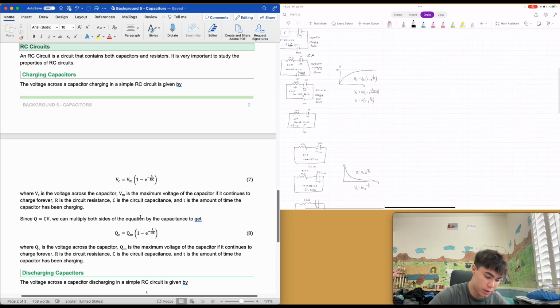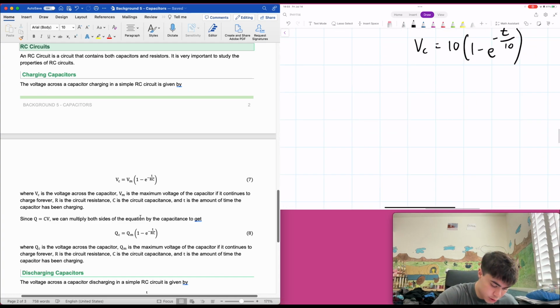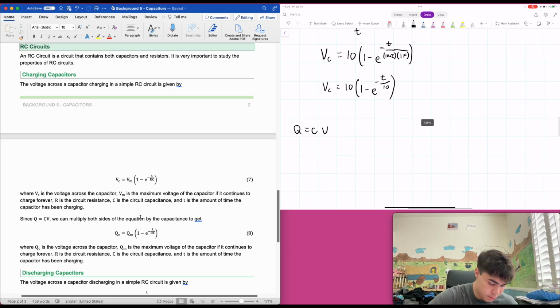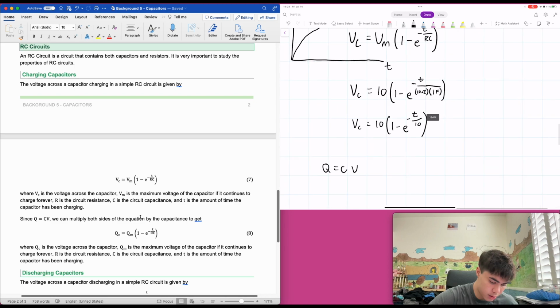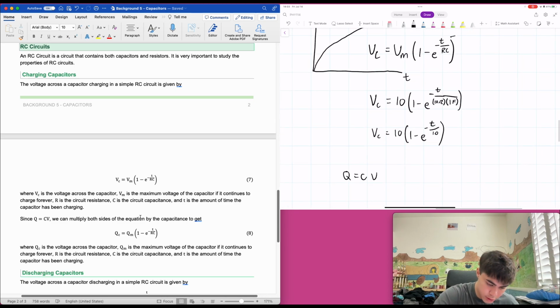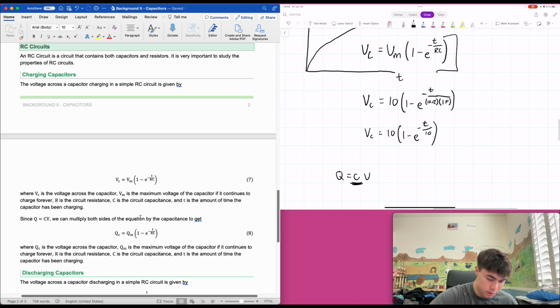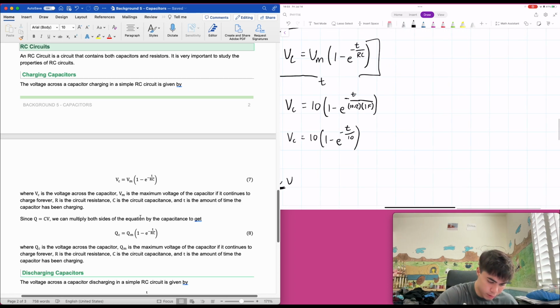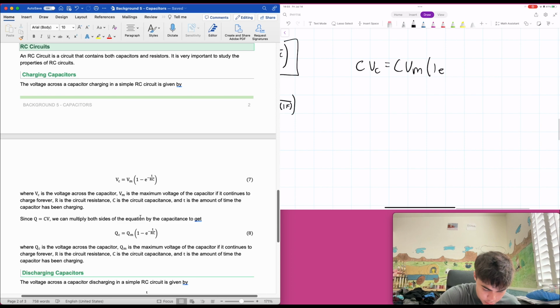Now that's the voltage across the capacitor. How about the charge of the capacitor? Well, using our equation Q equals CV, we can multiply this equation here by the capacitance on both sides. So then we have C times VC equals C times Vm times 1 minus e to the negative t over RC.